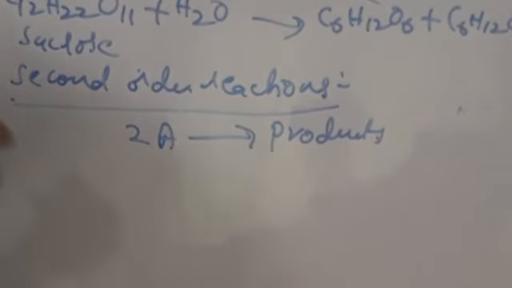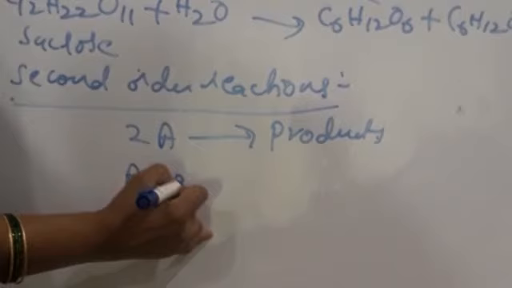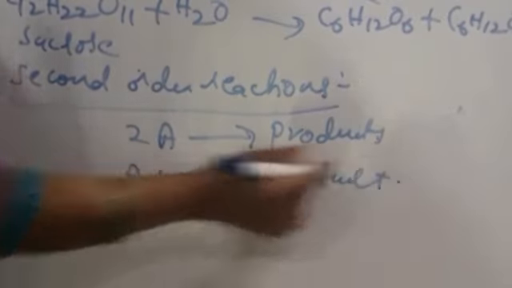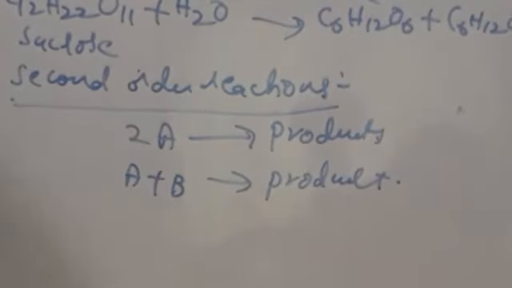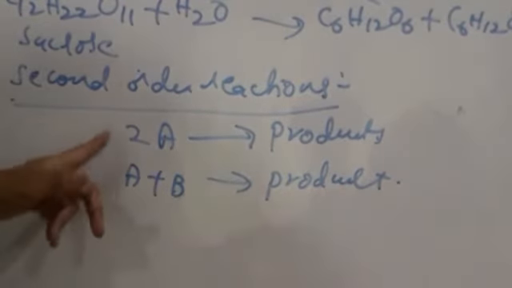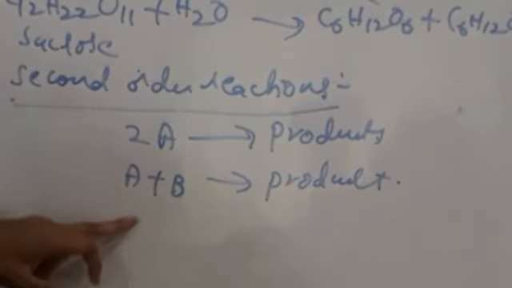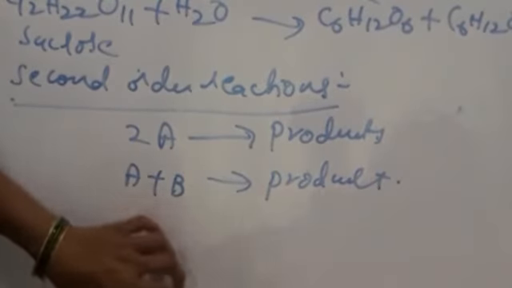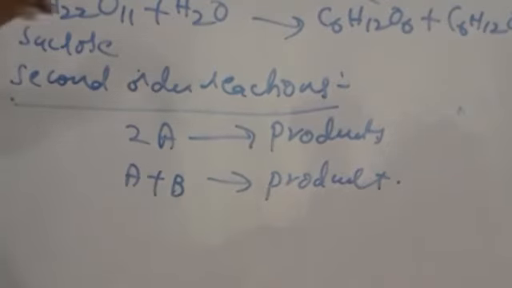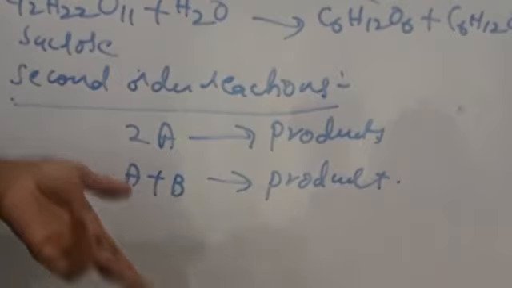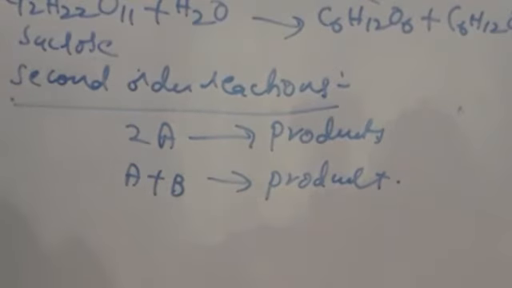And A plus B gives products. This is also second order: A to the power 1, B to the power 1, sum is 1 plus 1. So, this is also a second order reaction. For this type of reaction, the rate depends upon the concentration of reactants in case of second order also.